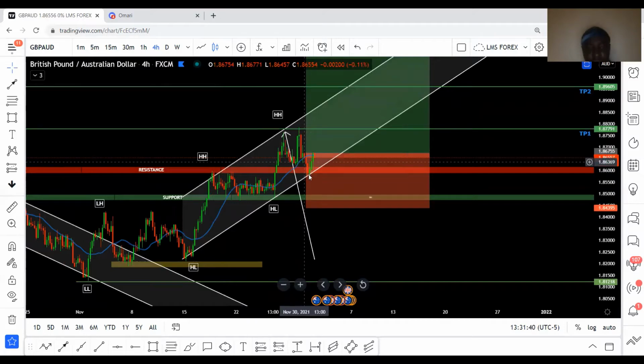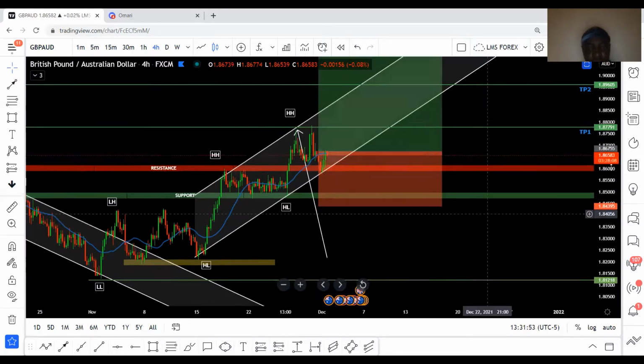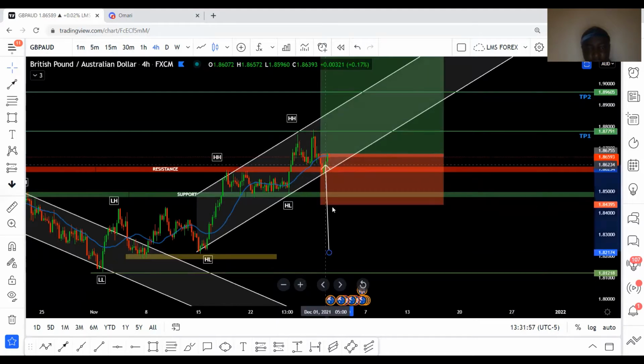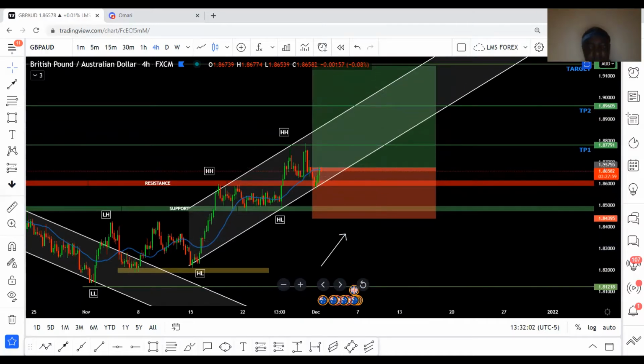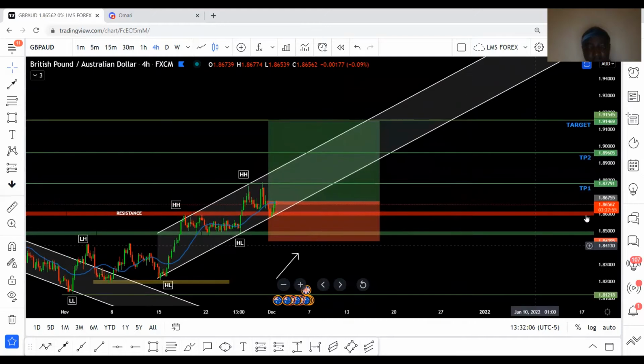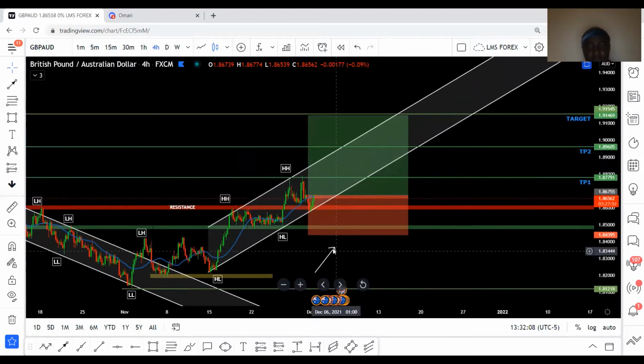Now we have a pullback, and you see that the price came down, touched the lower line of the channel, and now the price is pushing up. There's a good chance that this can just come down and that's it, or it can keep pushing up. But the probability is on our side, and trading is about probabilities.